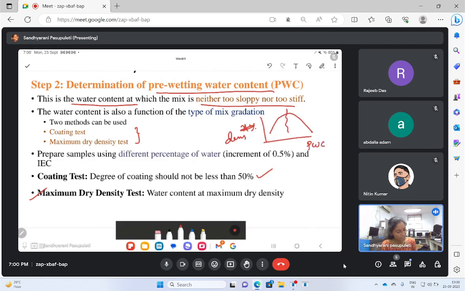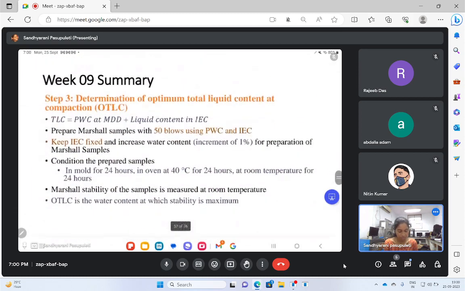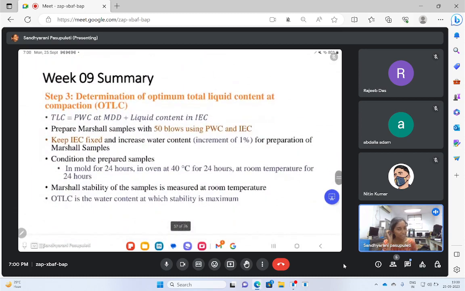There is a certain amount of water at which we get the maximum density, so we choose that water content as the pre-wetting water. This pre-wetting water defines how much water is required to wet the existing gradation. So this is the extra water.